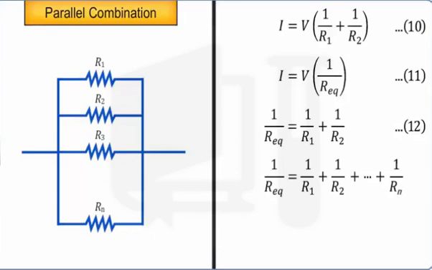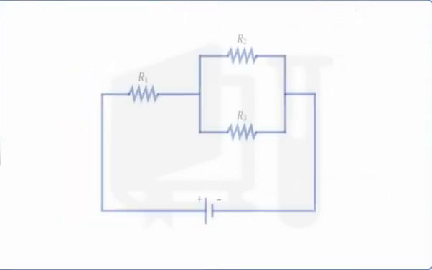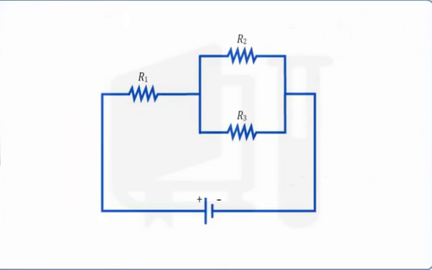Now let us consider a situation where some resistors are connected in series and some resistors are connected in parallel. The equivalent resistance of such a series and parallel combination is obtained as follows. In the circuit, 3 resistors of resistances R1, R2 and R3 respectively are connected in a mixed combination.